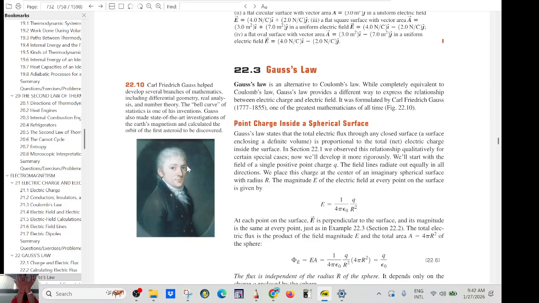Spherical symmetry, like the Van de Graaff generator, cylindrical symmetry, like a wire which is charged, or a flat surface that is charged. It's just a way to use Coulomb's law. Coulomb's law says it's inversely proportional to the distance squared. So you multiply the distance by 2, the electric field will be divided by 4.